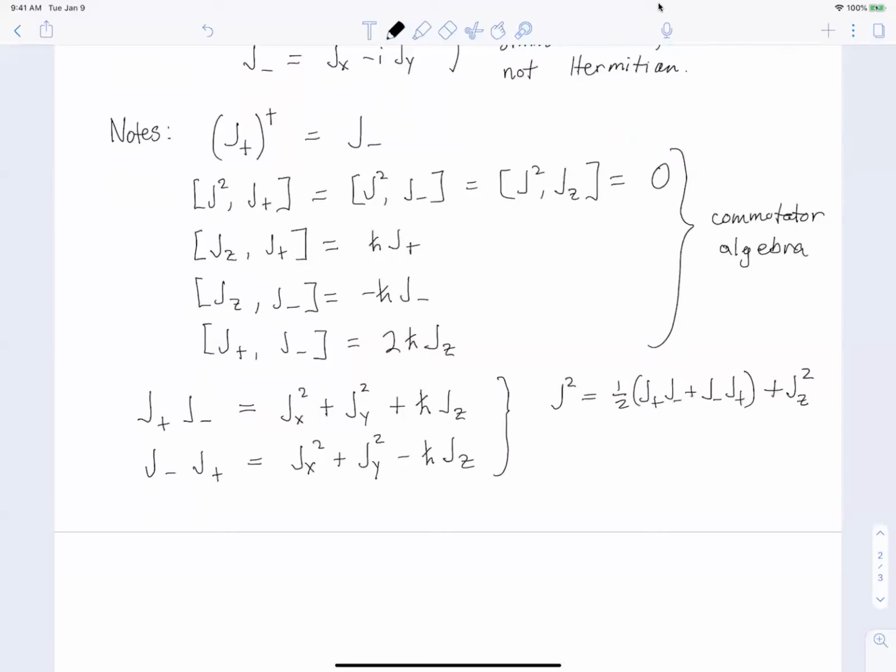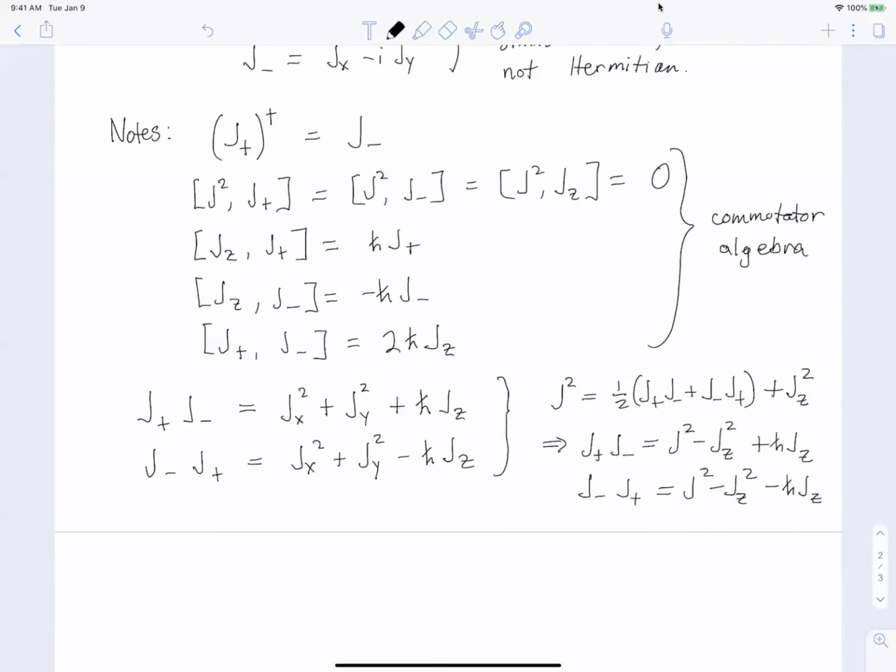Okay, and then from that, in turn, we learn that j plus j minus can be written as j squared minus jz squared plus h bar jz, and j minus j plus is j squared minus jz squared minus h bar jz.